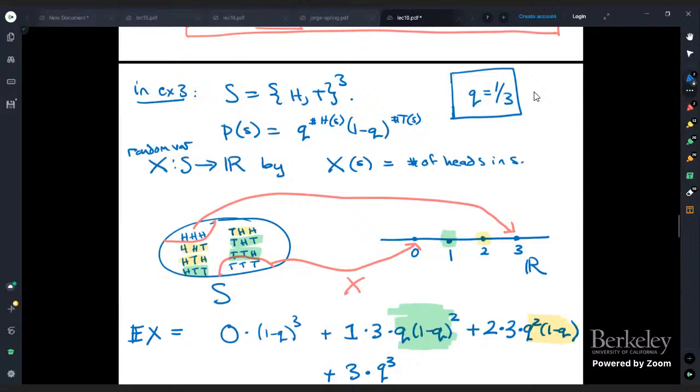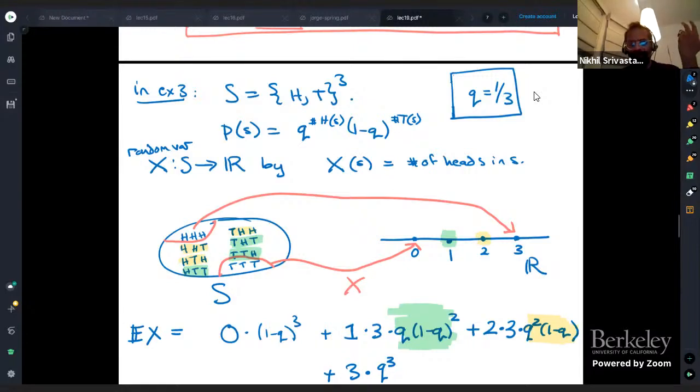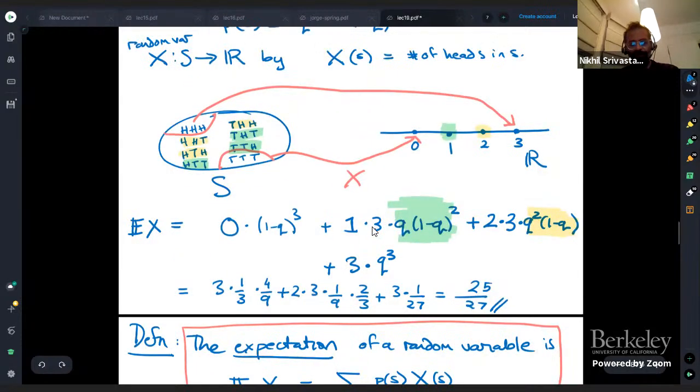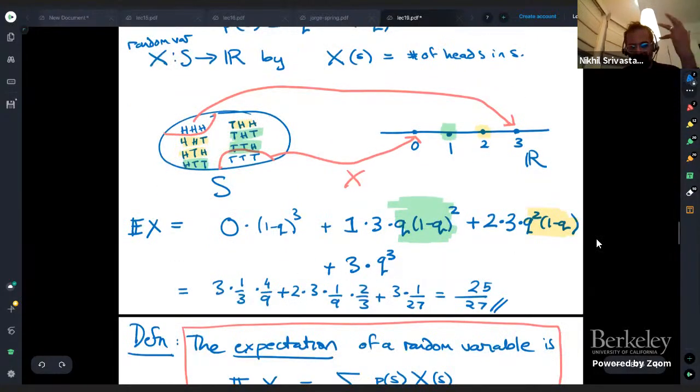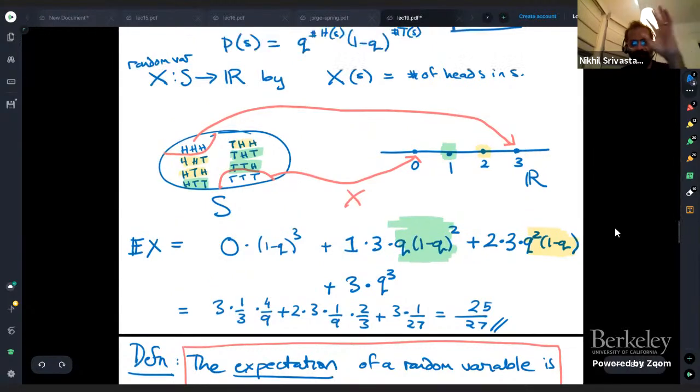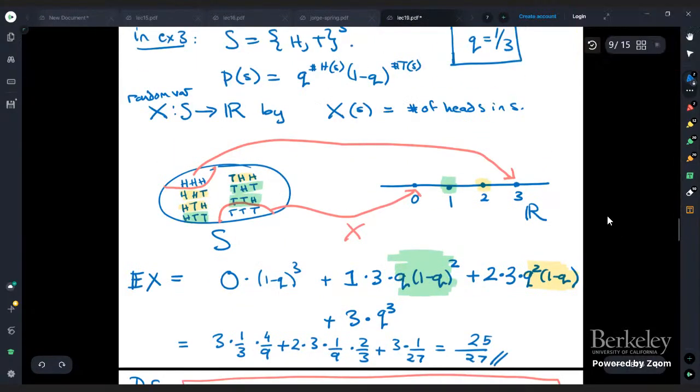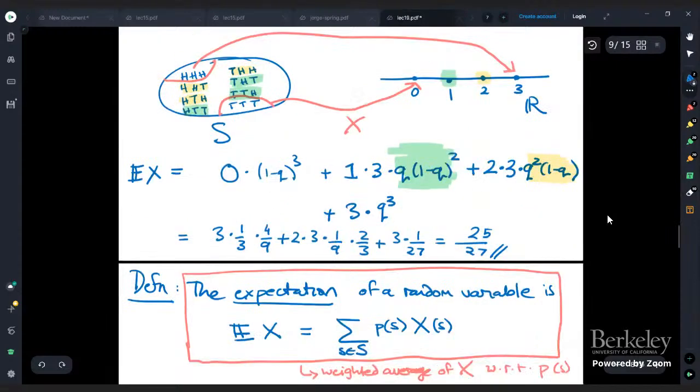Yeah, it would be 3. Because if Q was 1, then all the probabilities would be 0 except for the one corresponding to X equals 3. So then the average would be 3. So it's a great question, but expectations of random variables can be anything. They don't have to be between 0 and 1. Thank you.